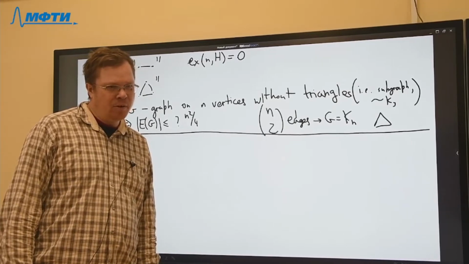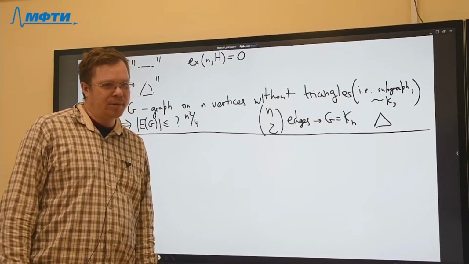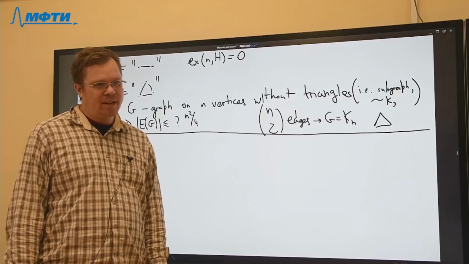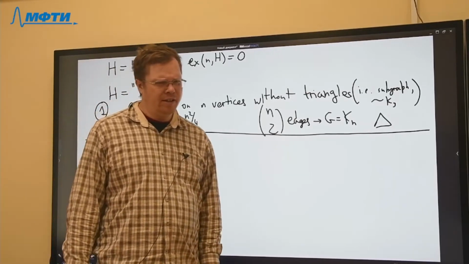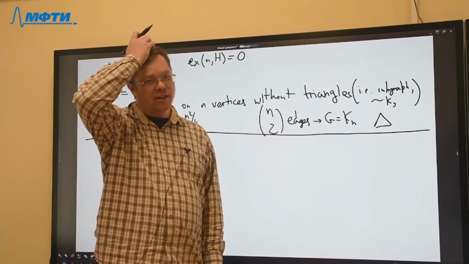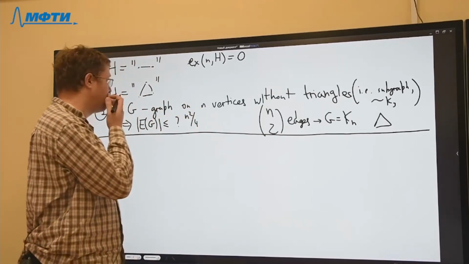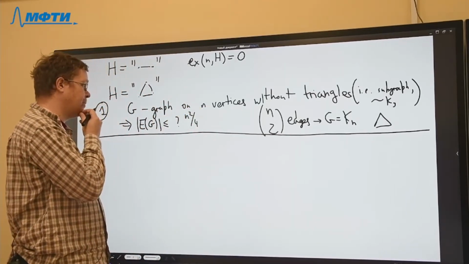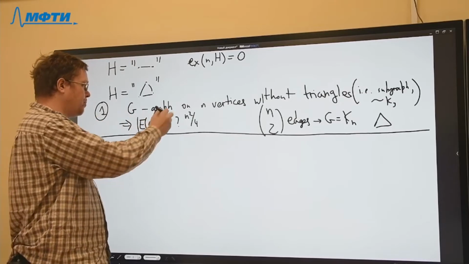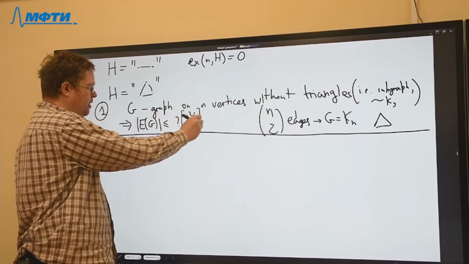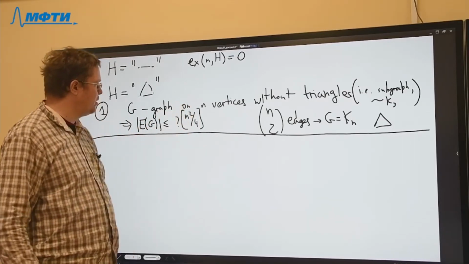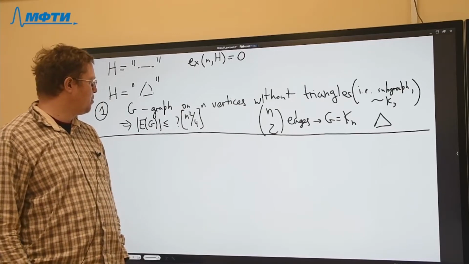N equals 4. Okay, for n equal to 4, but I mean that the example is the same for each n. Of course, for odd n we don't have n squared over 4, but we can just take the integer part of it.